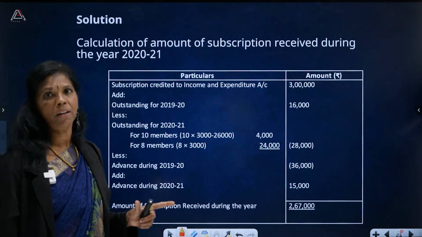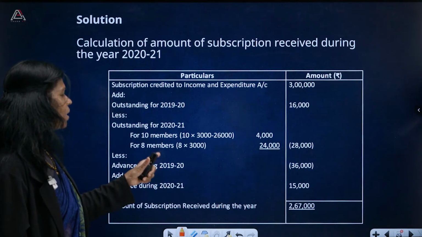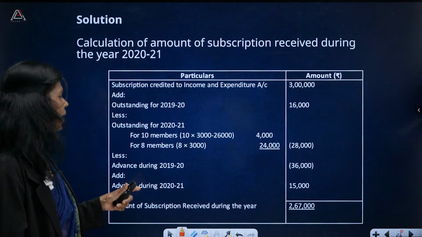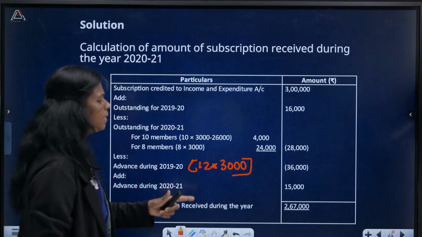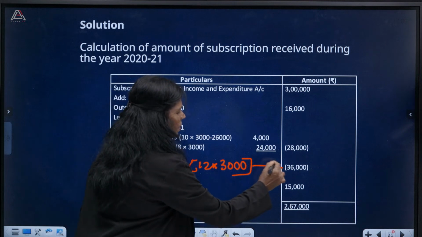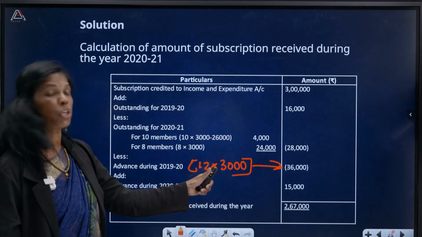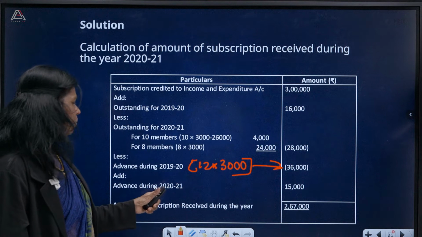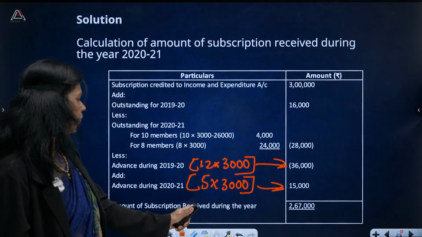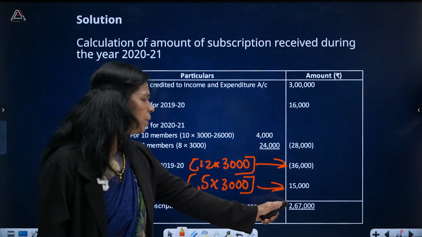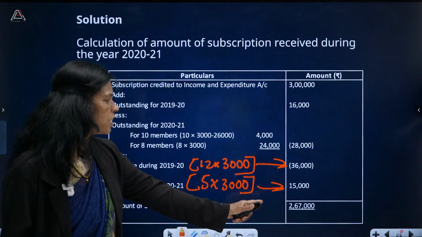In addition, we have to minus 2019-20 advance. That we find out 12 members into 3,000, 36,000. Just before I show the calculation. Then how this advance 15,000 came? So we got amount of subscription received during the year 2,67,000.